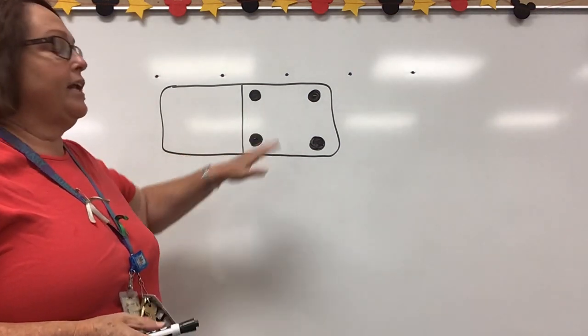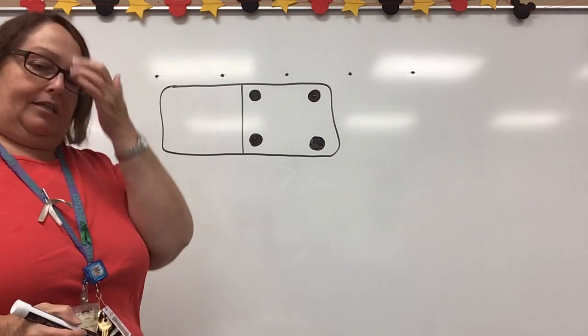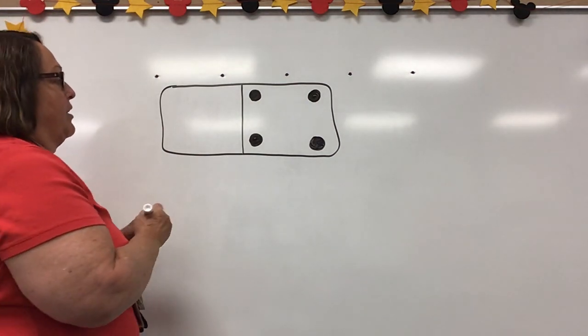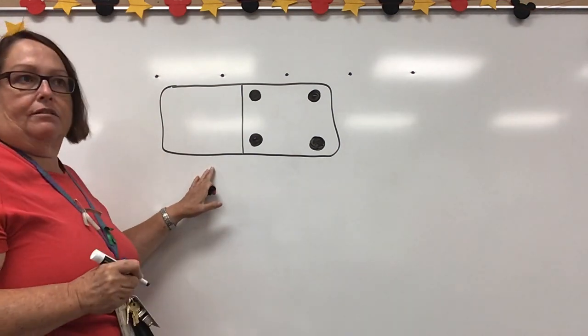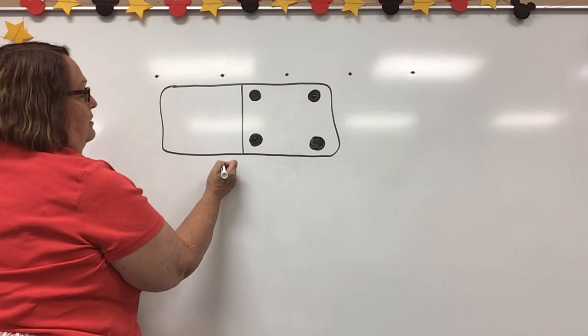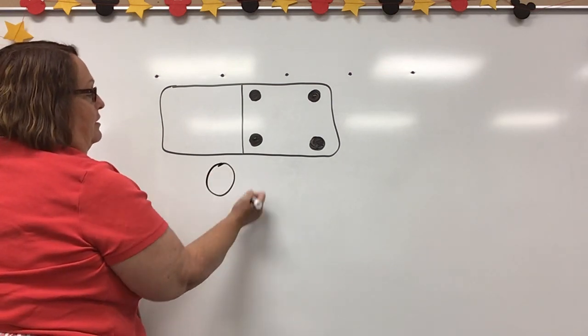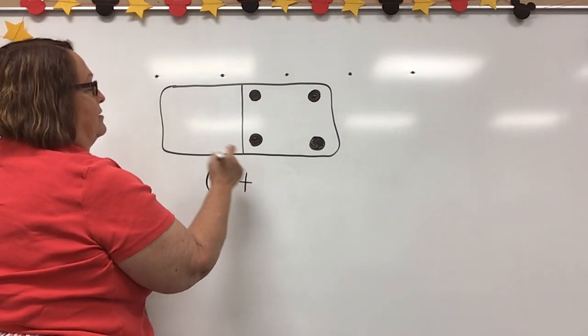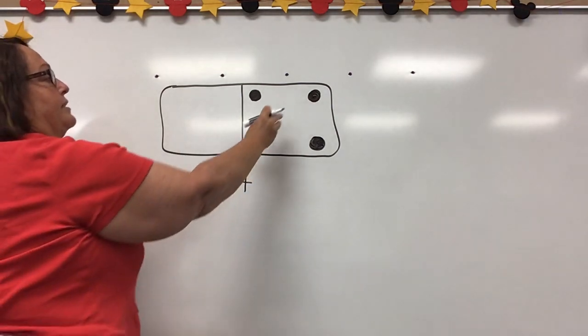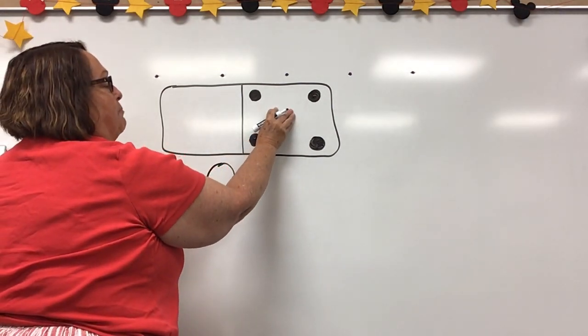Okay, how could I write an equation for this domino? What number would I want on this side of my equation? How many dots do I have? I have 0. Plus, so this would be a part. Okay, what's in this part?